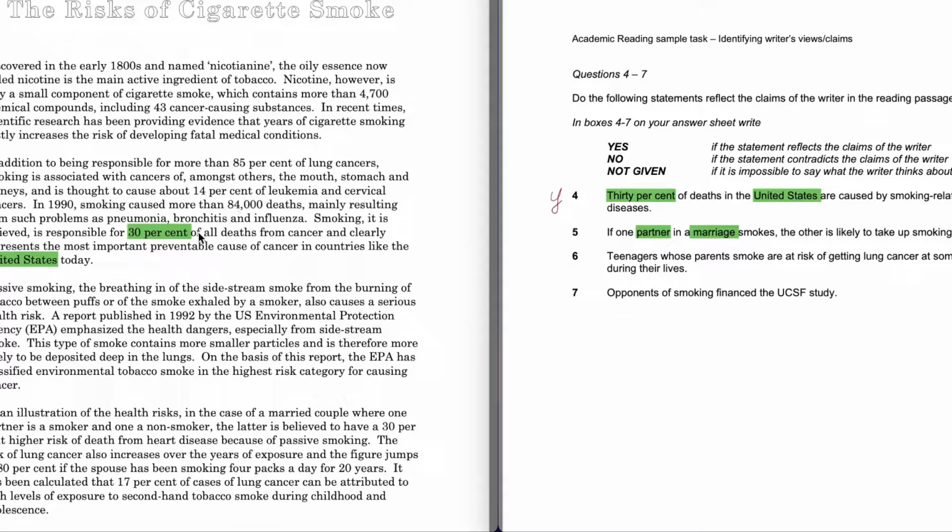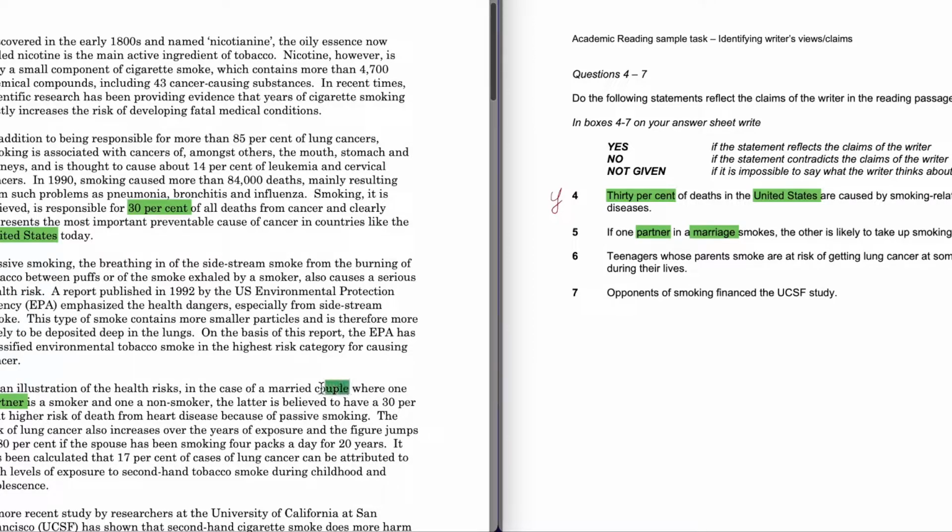We can scan one more time to be sure about that, and to go further. And here there is some information about the partner, and about the married couple. So let's read the sentence.